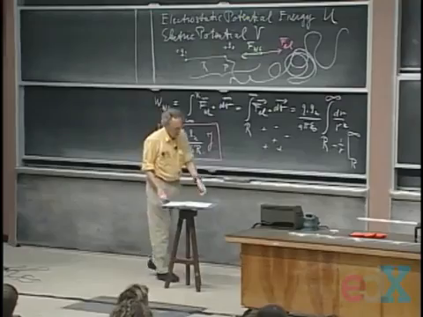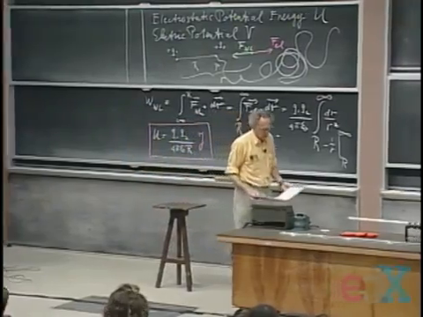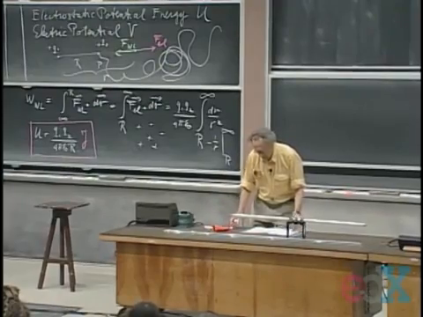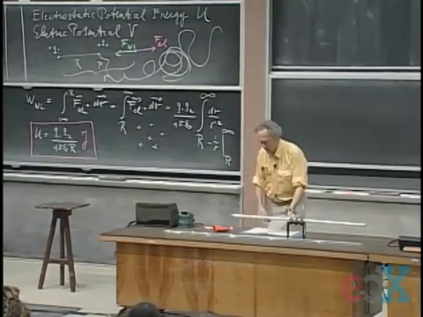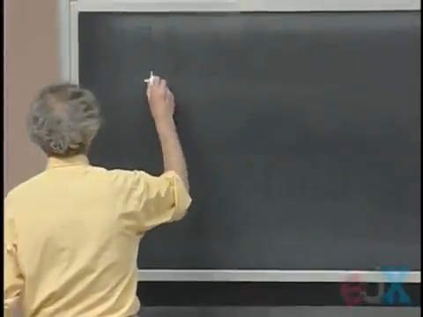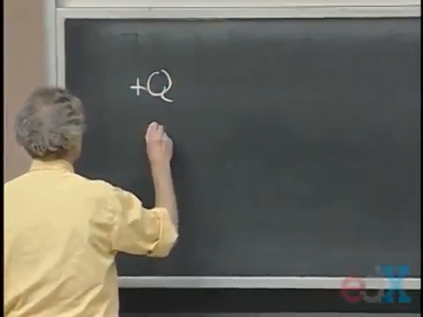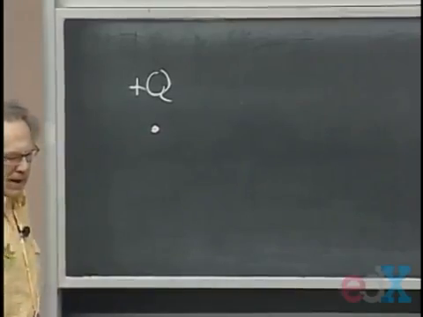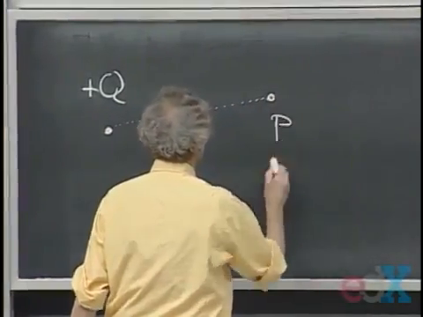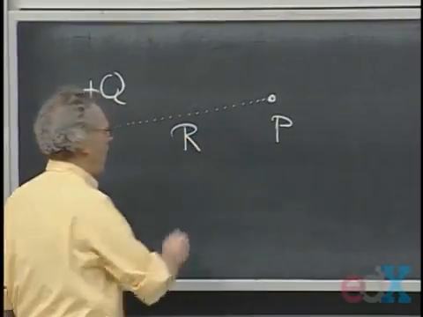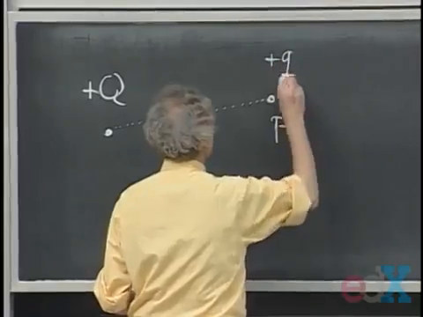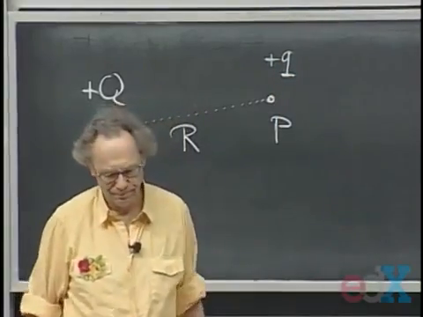Now I turn to electric potential. For that, I start off here with a charge which I now call plus capital Q. It's located here. And at a position P, at a distance R away, I place a test charge, plus q.